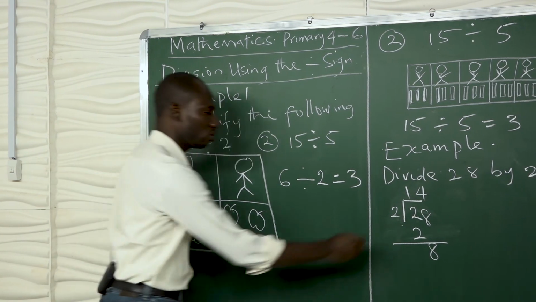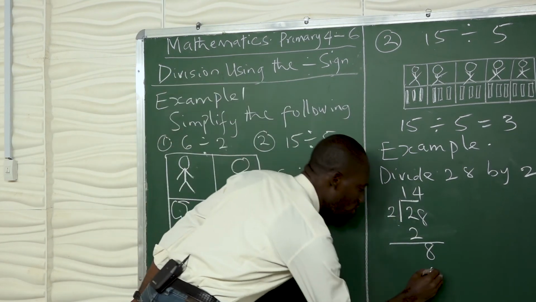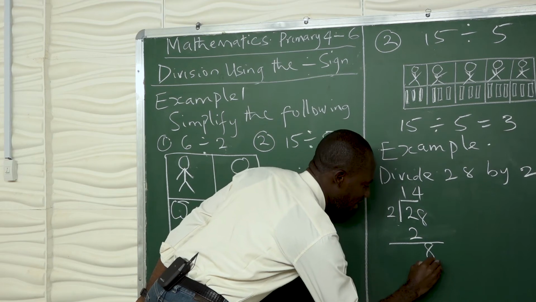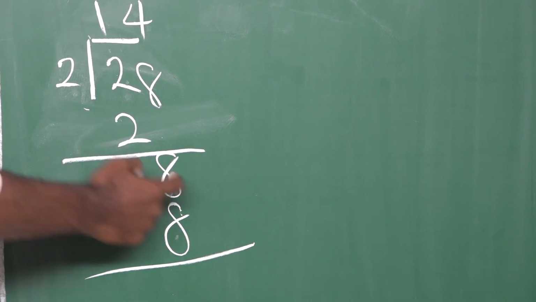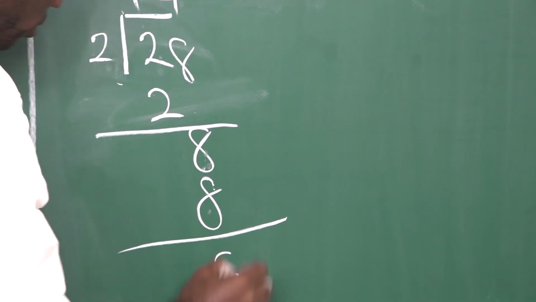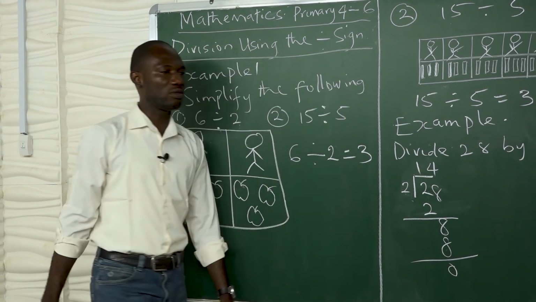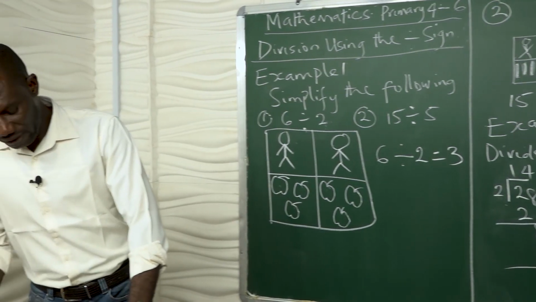And then we'll write our 8 here. The next thing we have to do is subtraction. 8 minus 8, just the way we did here, will give us 0. And 2 cannot go into 0, so we stop there. So we are done with that.